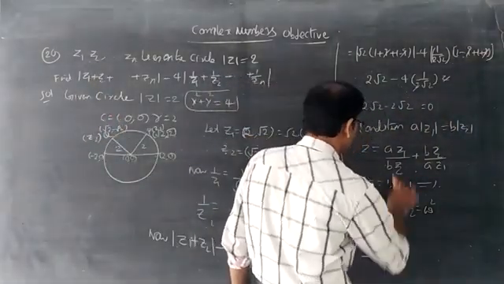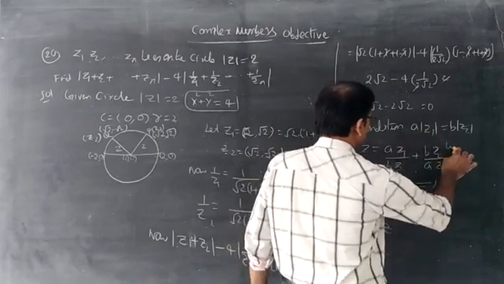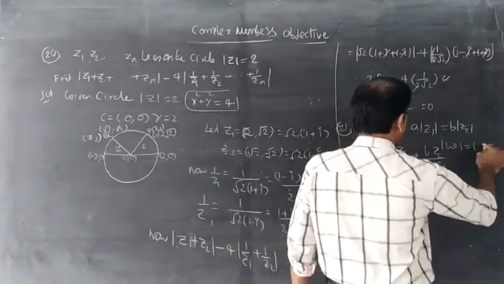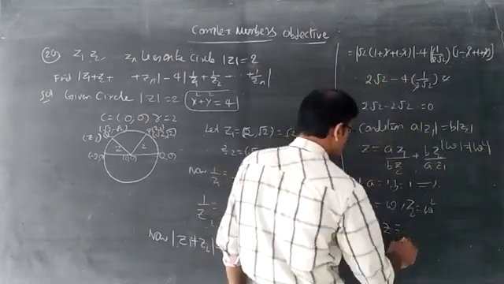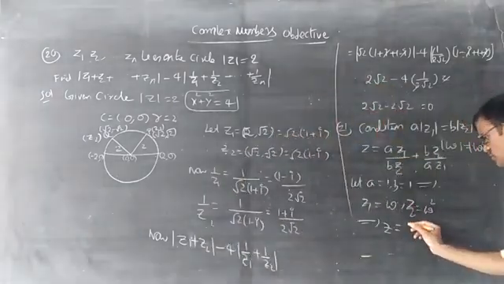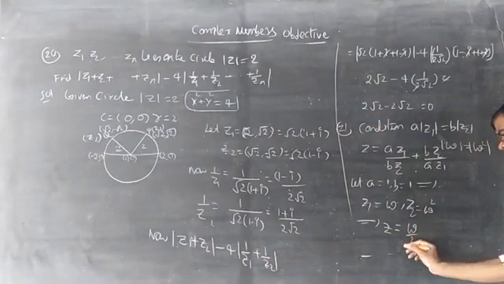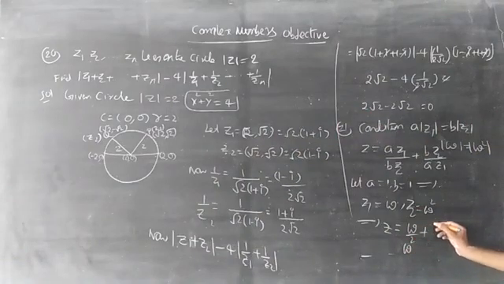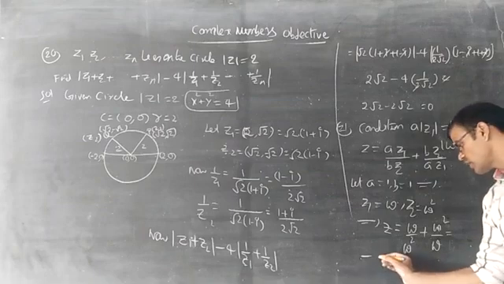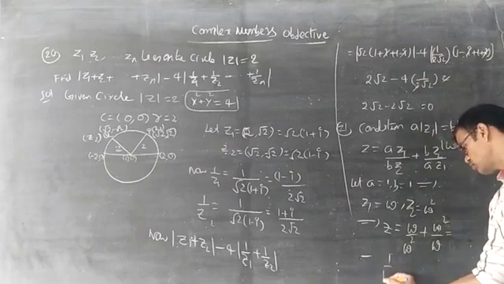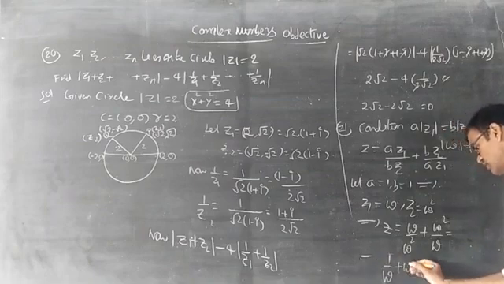Now you apply here. Of course, you can understand here in the concept of modulus omega equal to modulus omega square. Now Z is equal to 1 into omega by omega square plus omega square by omega. Omega by omega square becomes 1 by omega, plus this is omega.